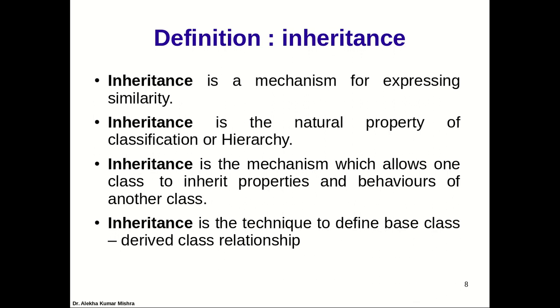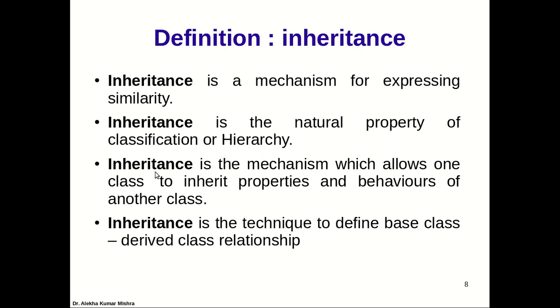Now let us come to the formal definition of inheritance that has been defined in various cited books. So inheritance is a mechanism of expressing similarity between two categories of objects, two categories of classes we can say. The second definition says that inheritance is the natural property of classification of hierarchy.